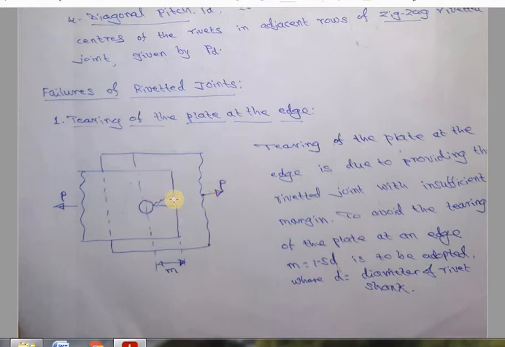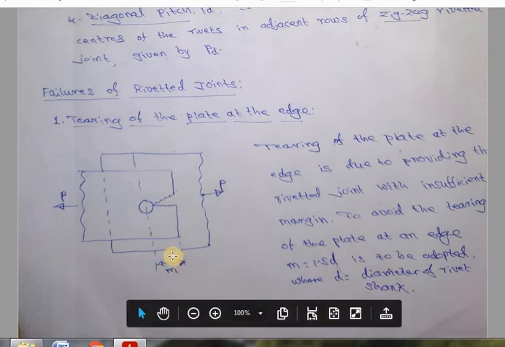This tearing takes place only if I keep an insufficient value of the margin. Therefore, the margin has to be 1.5D to avoid this kind of failure, with a minimum of 1.D, where D is the diameter of the rivet shank. The edge of the plate is going to tear off at the nearest row of rivets.